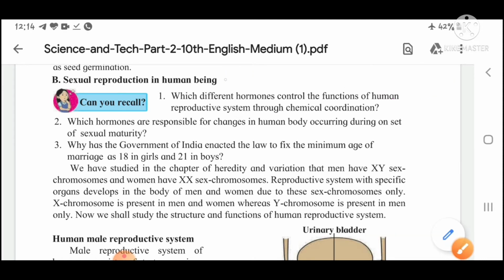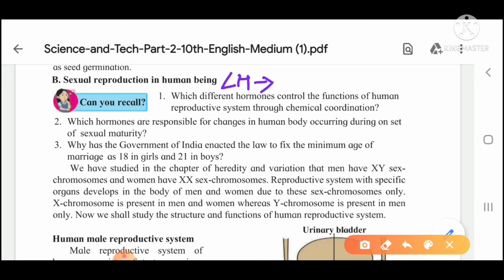Next is LH. LH means luteinizing hormone.